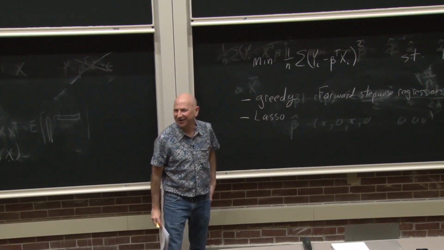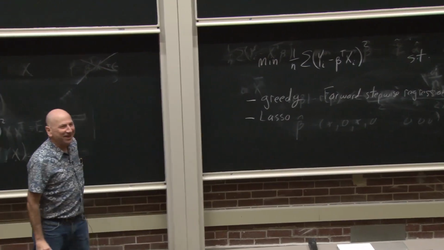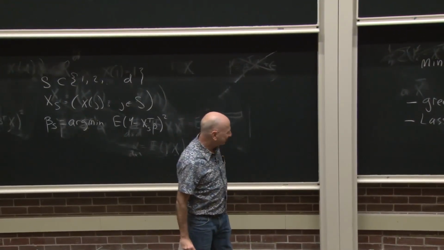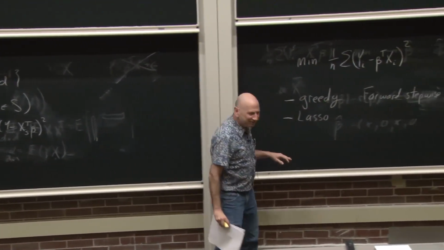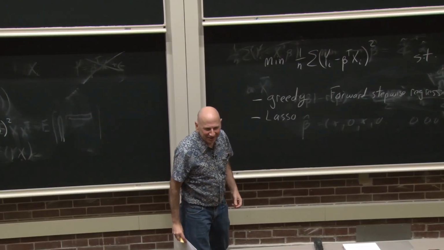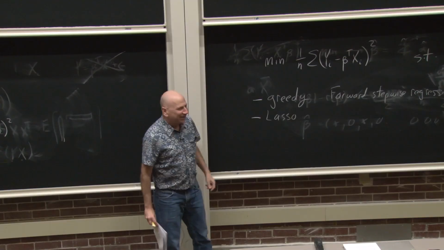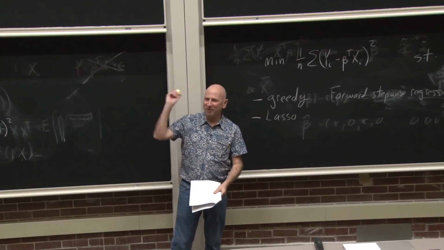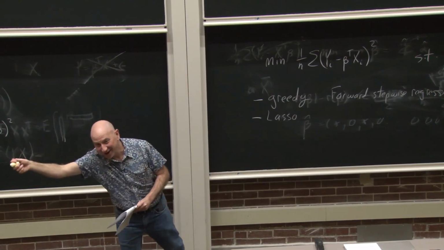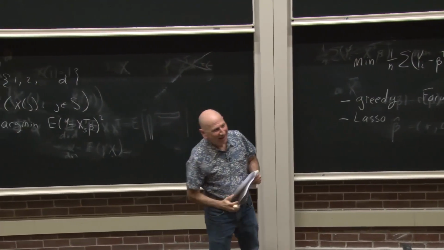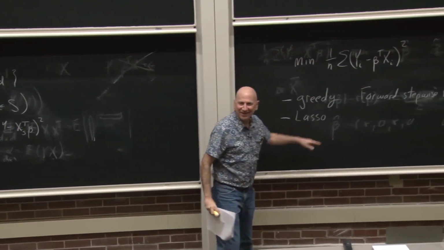I can't even remember what it stands for, and it's too late to change the name now. What was it? Least absolute shrinkage and selection operator. I mean, he had this idea that cowboys have this lasso and you reach out and you grab some variables.